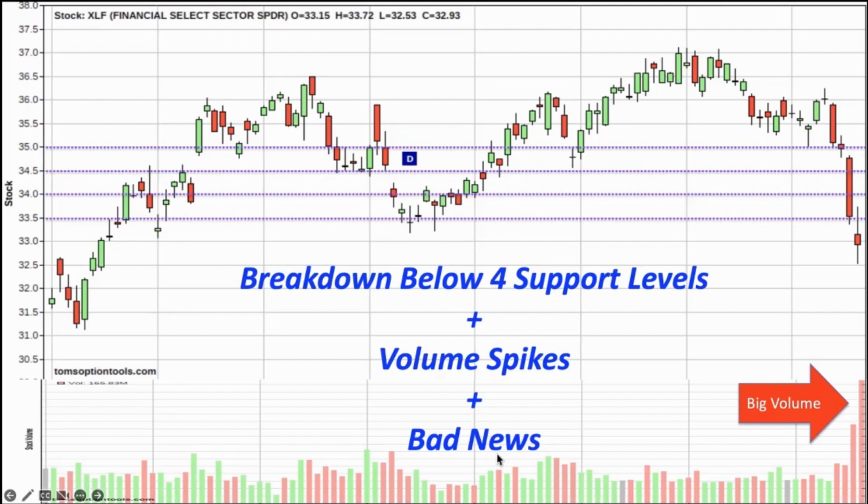All of these are pointing to, well, the stock may keep dropping, but what about recovering? The chances of it dropping are pretty high. The chances of it recovering, meaning that the stock breaks back up above these levels, is lessened. And when you couple all of this together, you get high probability of profits using credit spreads.